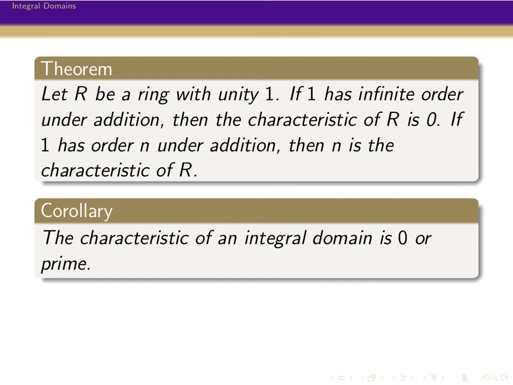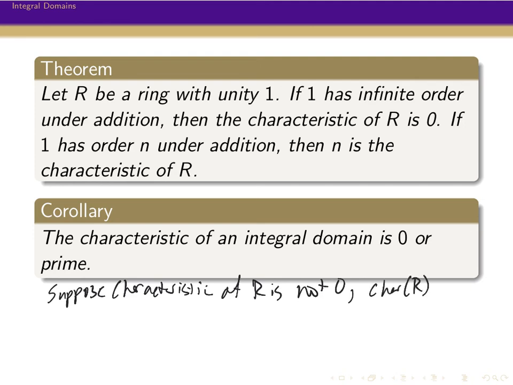We're going to suppose that the characteristic of integral domain R is not 0. So we're going to prove that it is prime. And so let's let the characteristic of R equal n.